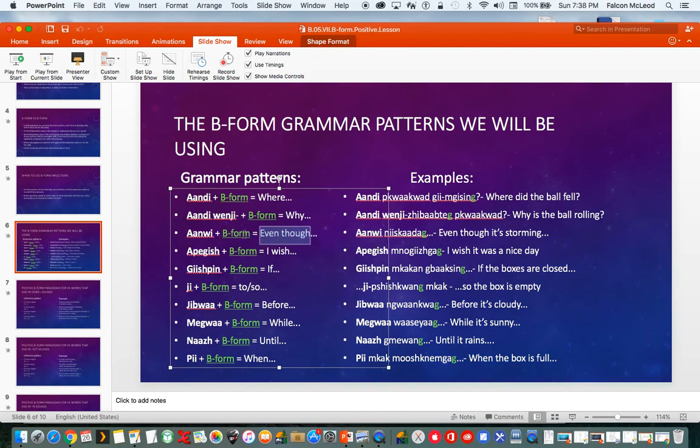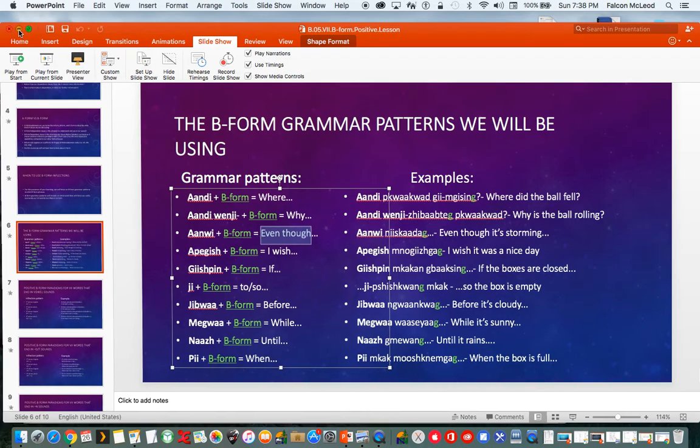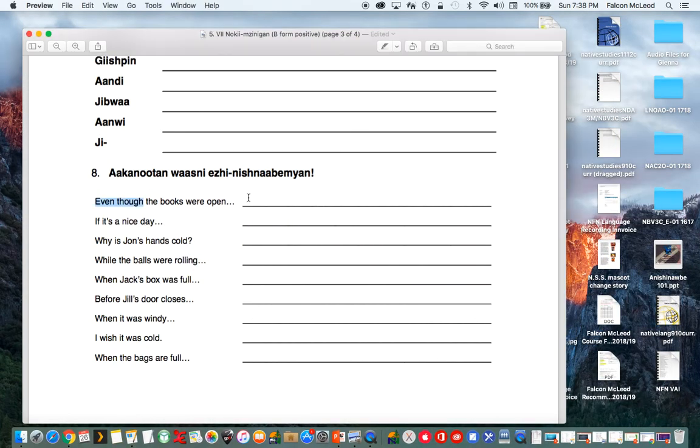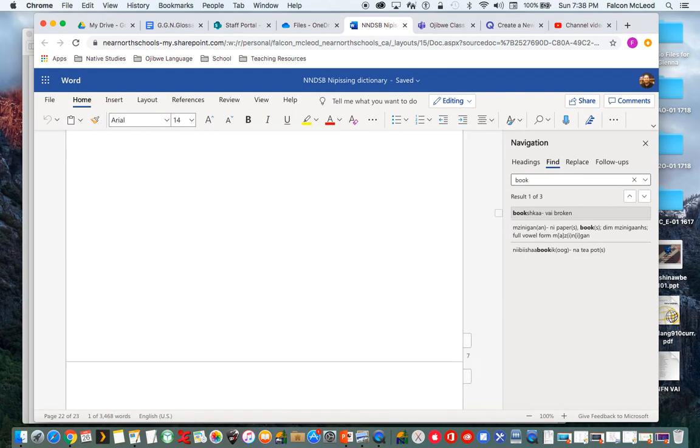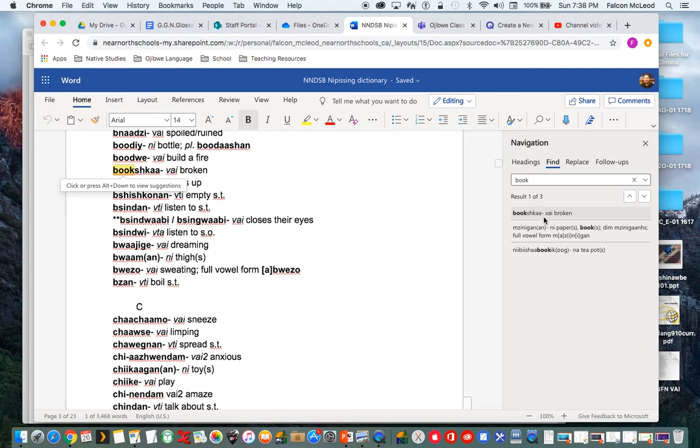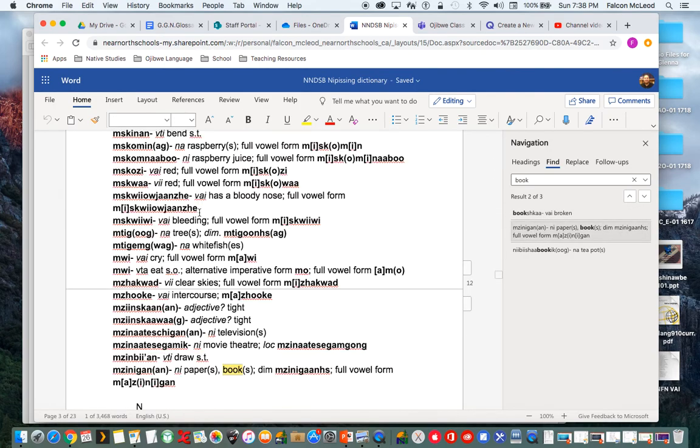So onwe plus B form. We can type in onwe, and we're talking about the books. So we can look that up here. Book. Oh, right here. Zinigan, but we're talking about books.